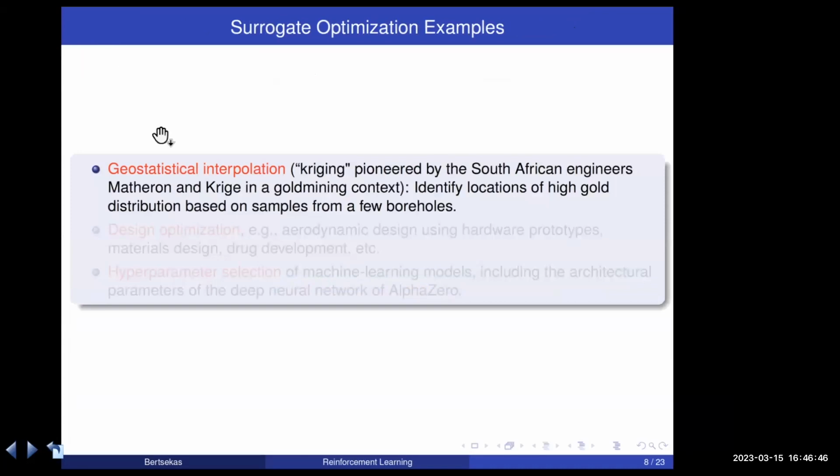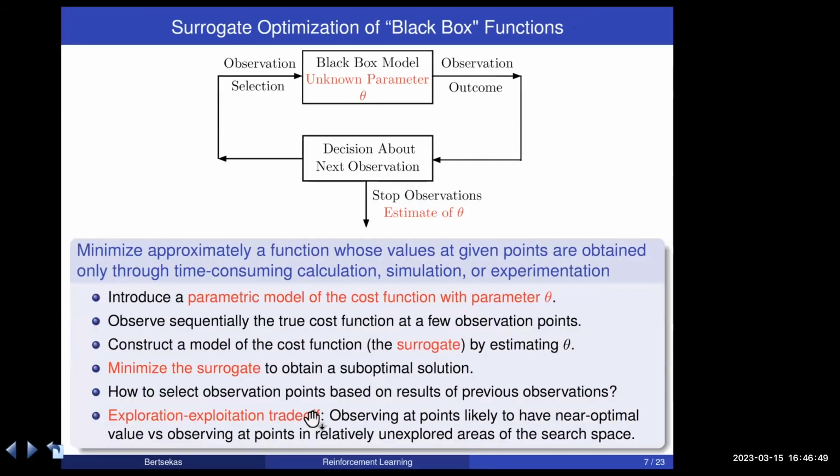To express this trade-off, it is observing, on one hand, points that are likely to be near the optimum. That's the exploitation part of it. Or observing points that are in a relatively unexplored area of the search space, where we want to look, hoping that we may get some good values of the function.